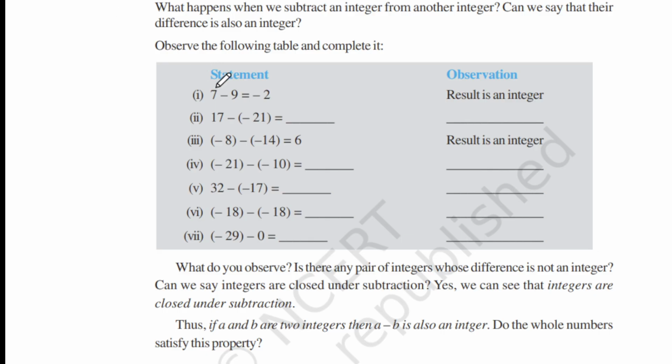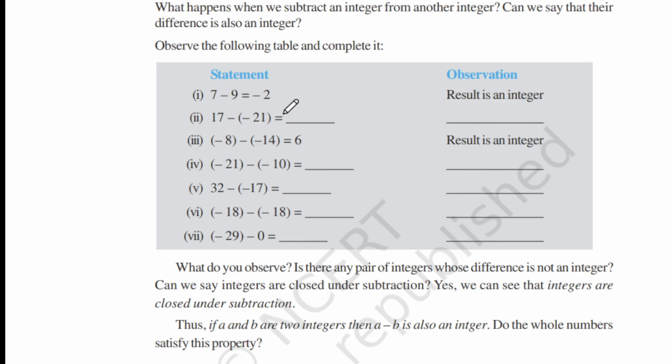Okay, they have already given the first one, 7 minus 9 is minus 2. 9 has the negative symbol, and 9 is the greater number when you compare to 7, so they have taken 9's sign, which is the minus sign. Next one, we have 17 minus minus 21.